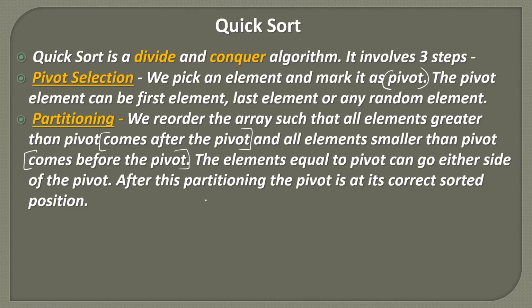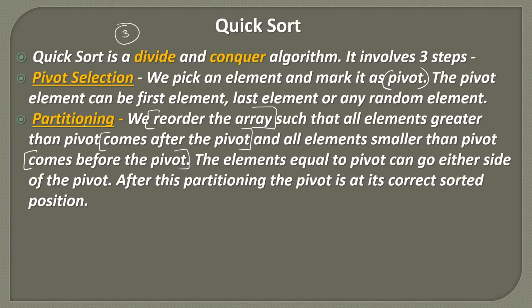The pivot we took in our previous slide was 3. So we partition the array in such a way that all elements greater than the pivot come after it and all elements smaller come before it. We are actually reordering the array.